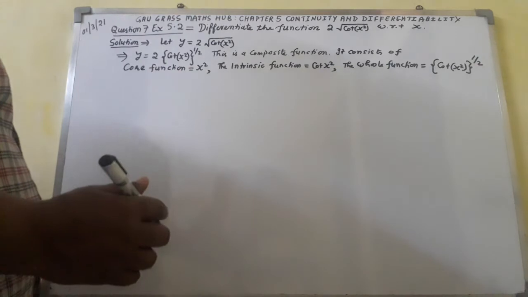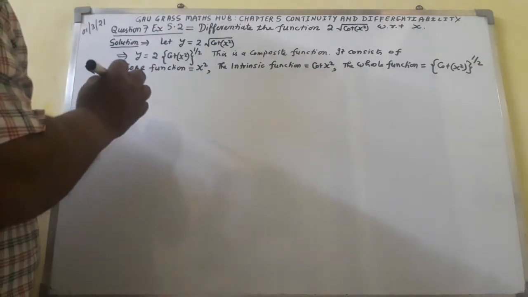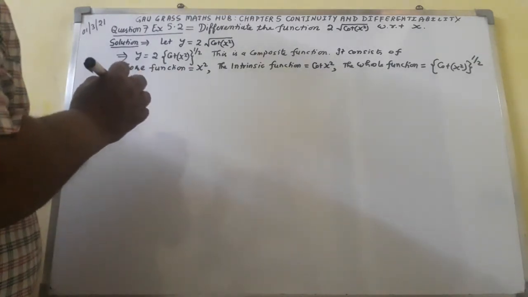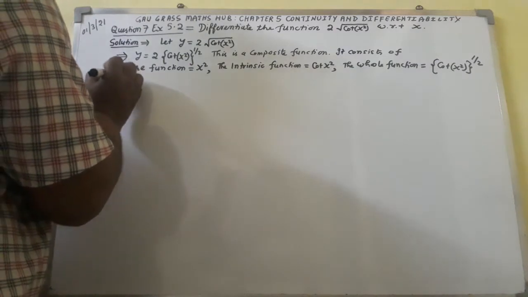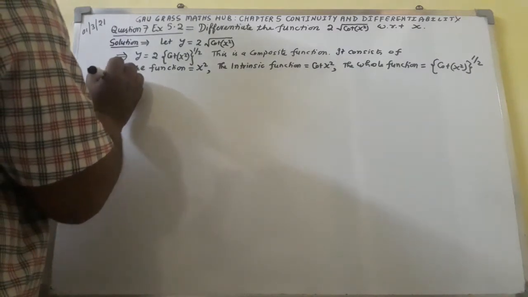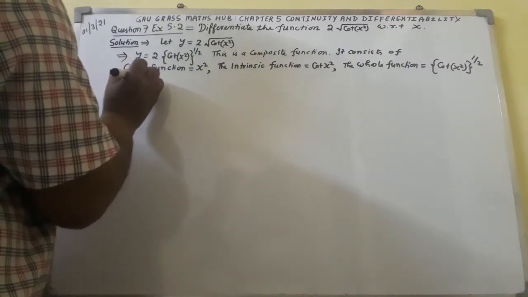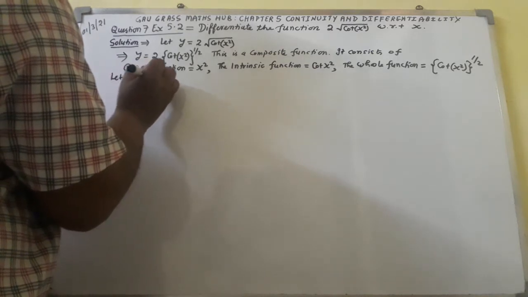So first of all I shall take the core function. Let x square equal to u.